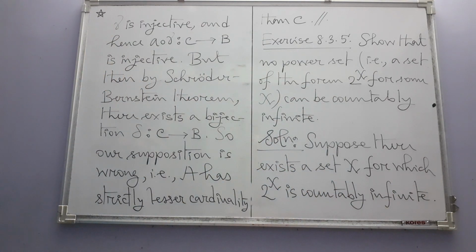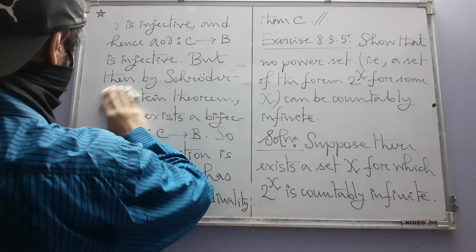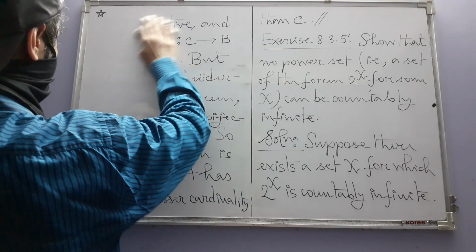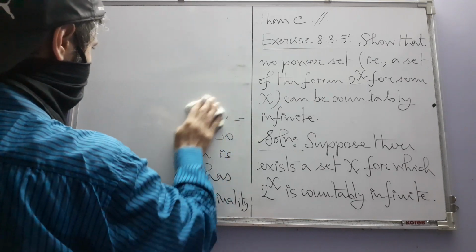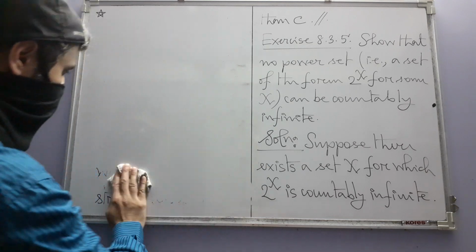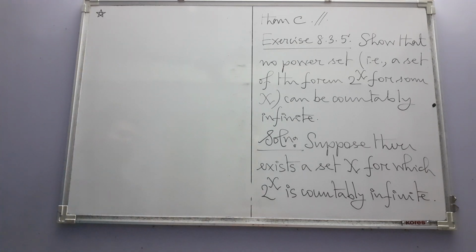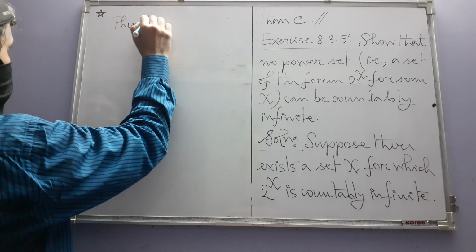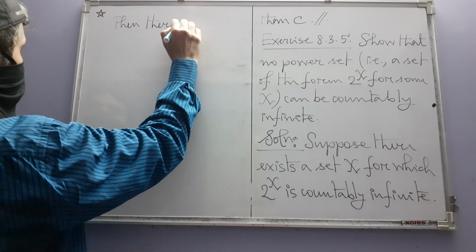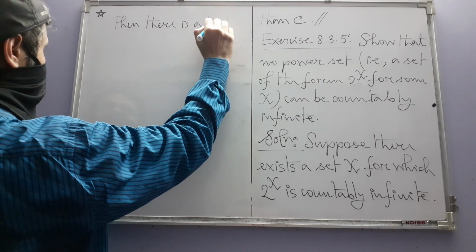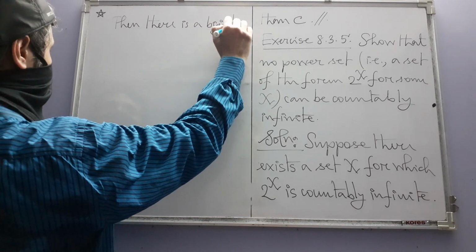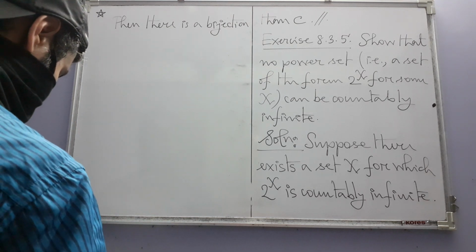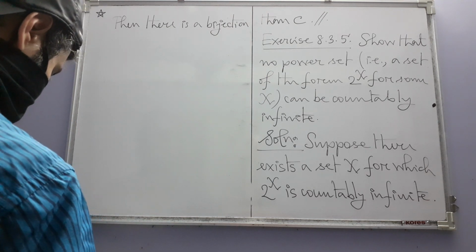Okay, then there is going to be a bijection between this power set and n. Then there is a bijection. I have given it a name G.